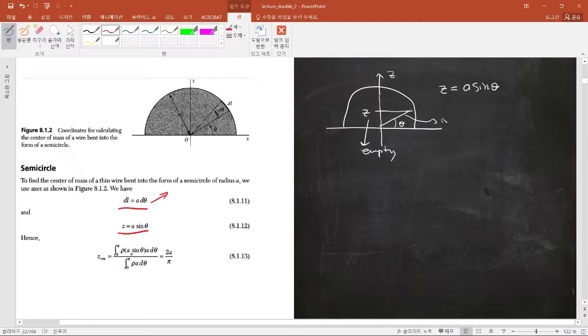Now this integration is easy. So let's do it.